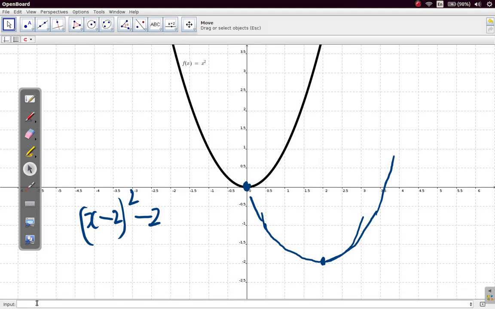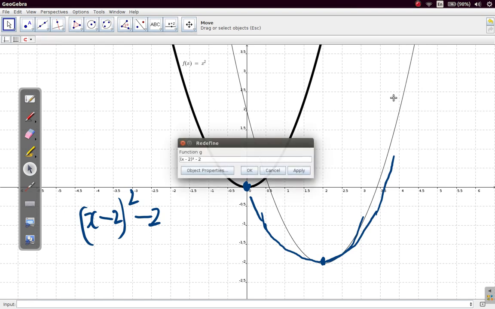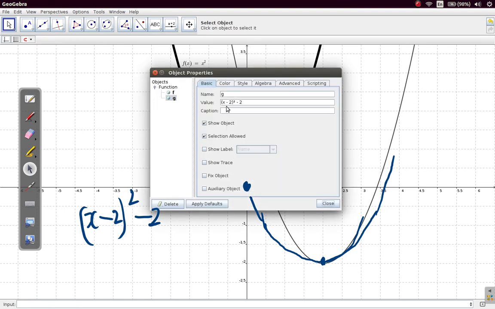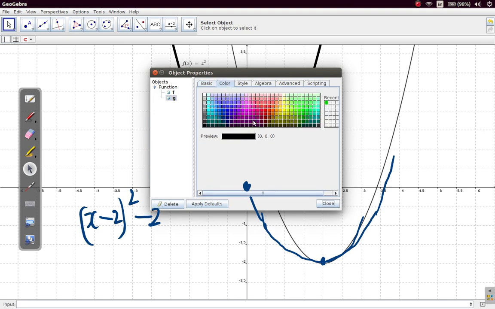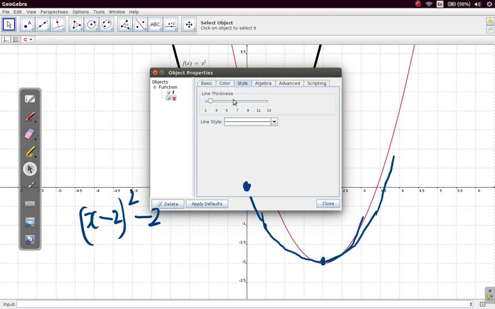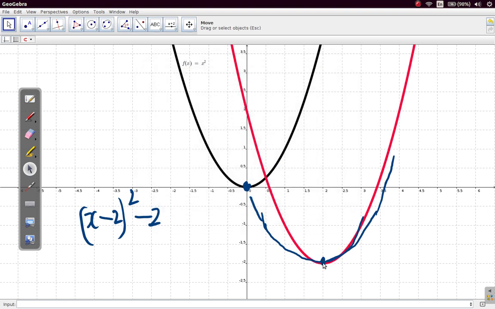Open bracket, x minus 2, close bracket, raised to the power of 2, minus 2. It works. Let's make this graph red and make it thicker. Good. You see the minimum point was shifted exactly where I wanted it to be.